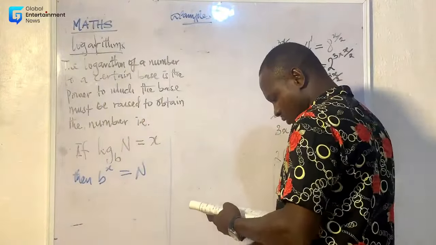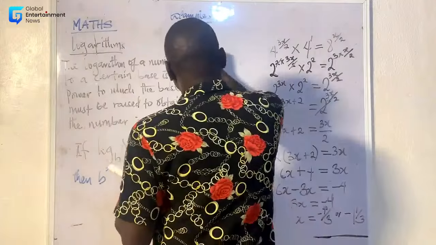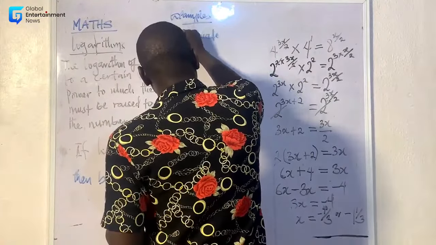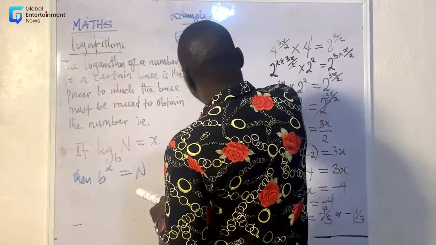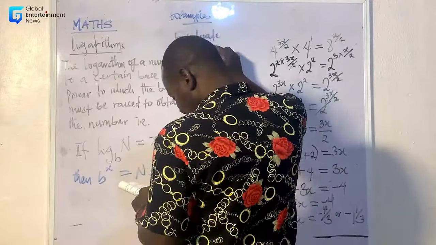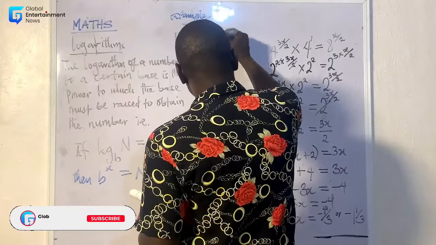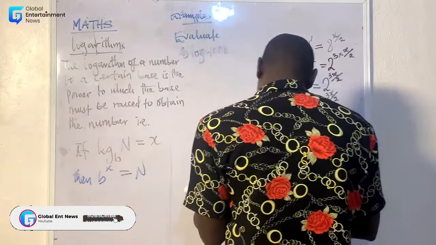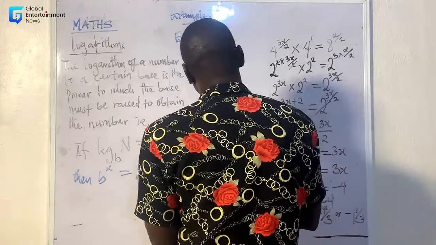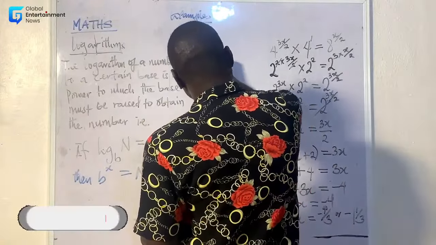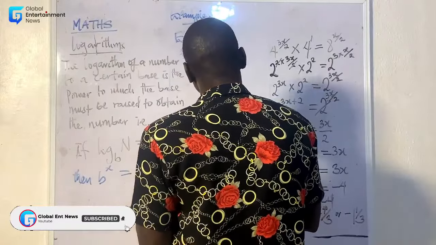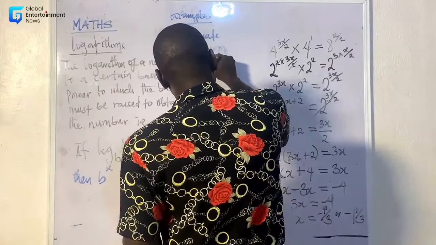Let's look at some questions here. The question says, evaluate. I'm going to work on the first one, then I'm going to give you some questions to work on. Log 1000 base 10.